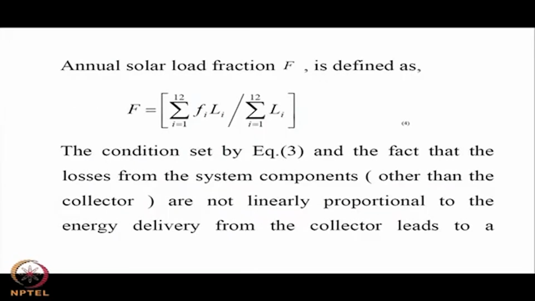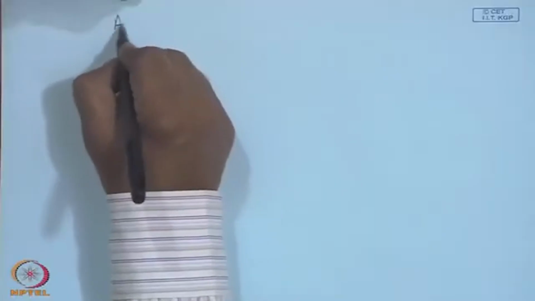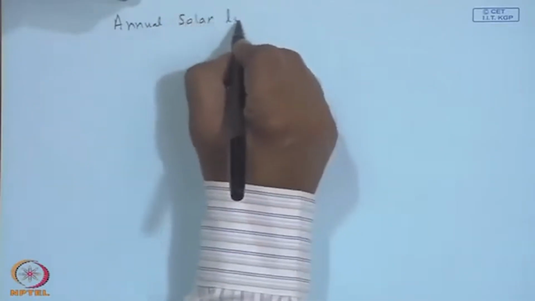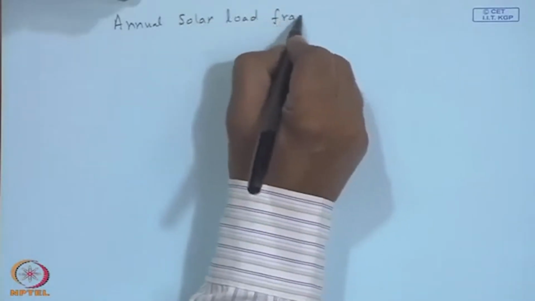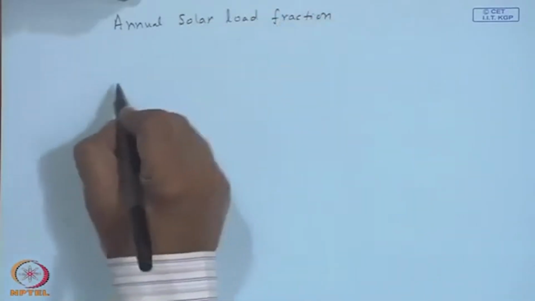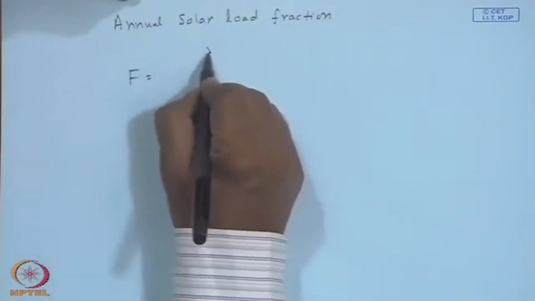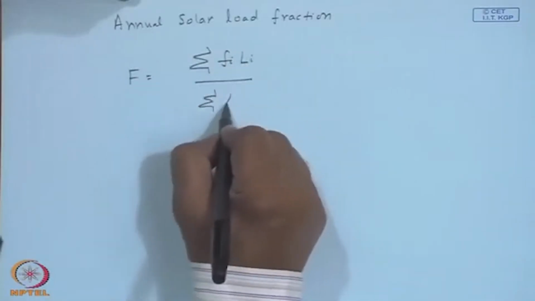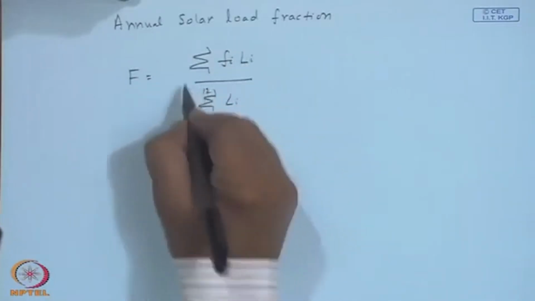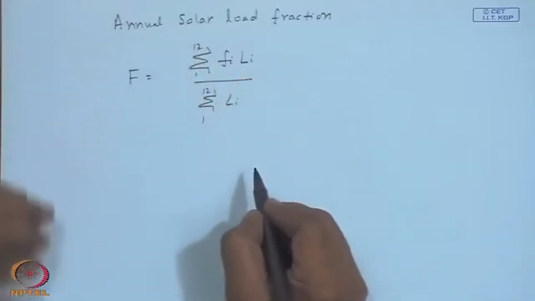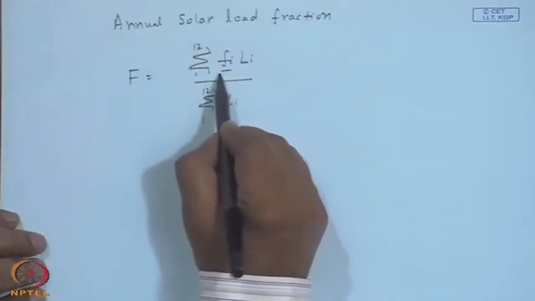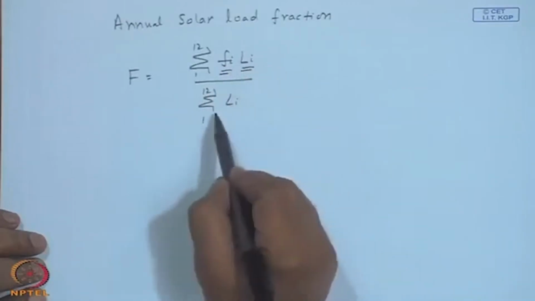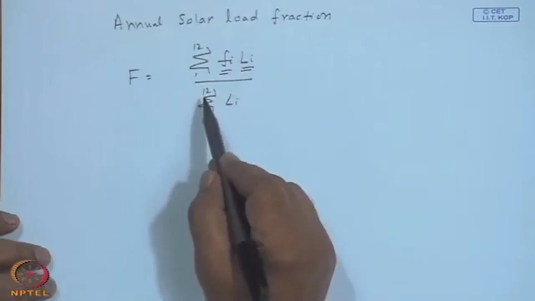So, if that is for a month, I can define the annual solar load fraction. It is a weighted average of the load fraction F i for a month i and the corresponding load L i upon L i summed up over all the months.